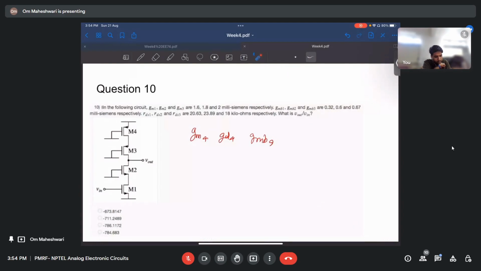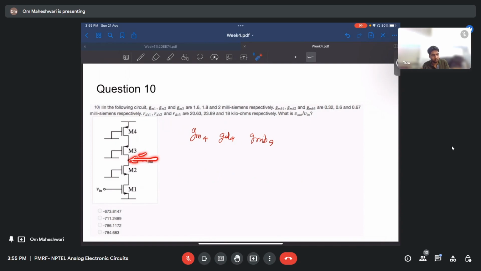Question number 9. So here I will have to find the resistance here also, here also, here also. So how I think Sir has solved it is he has found the resistances and the short circuit transconductance. Then he has taken gain as GM into Z out.